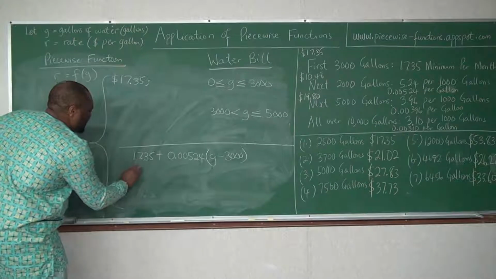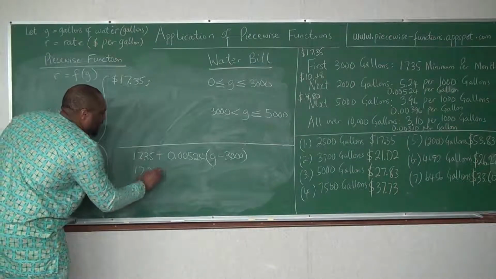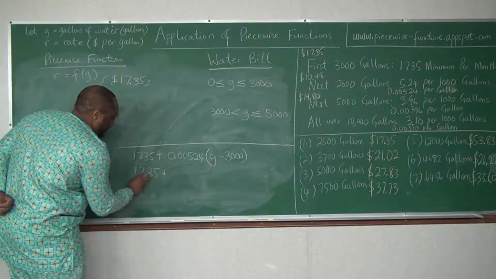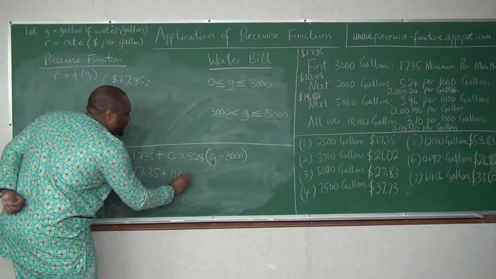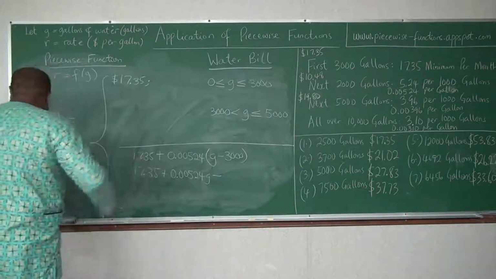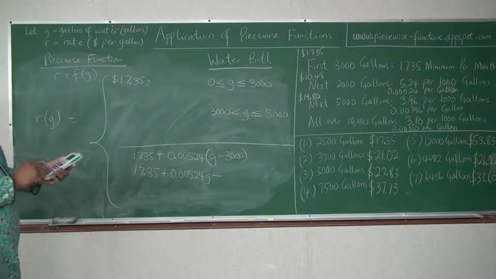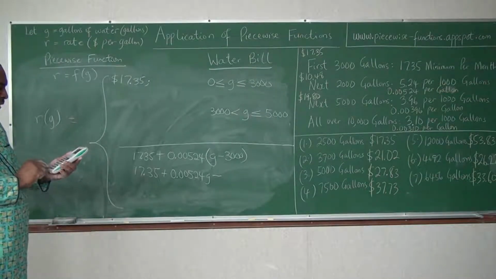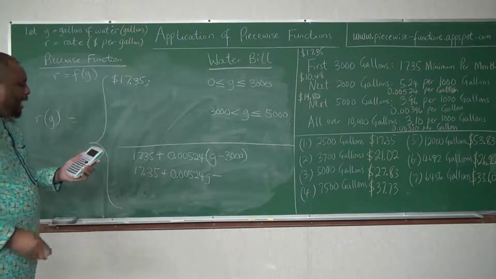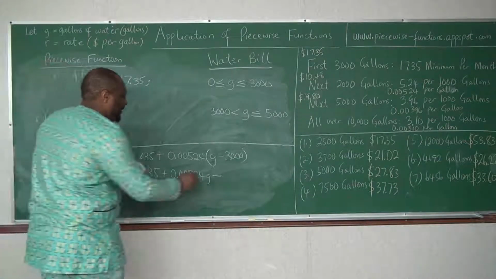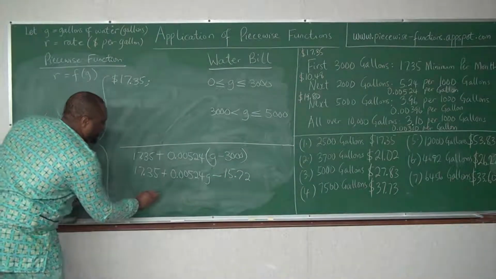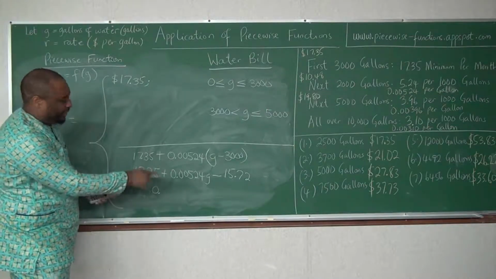So this is $17.35 plus, you distribute: 0.00524G minus 0.00524 times 3,000, and that gives you $15.72. You don't leave it here, finish it.